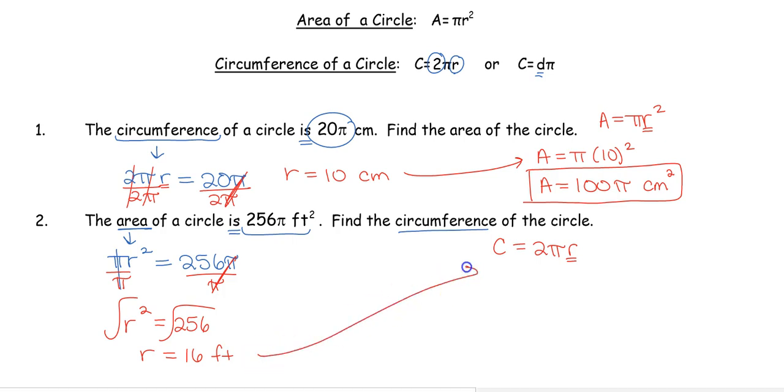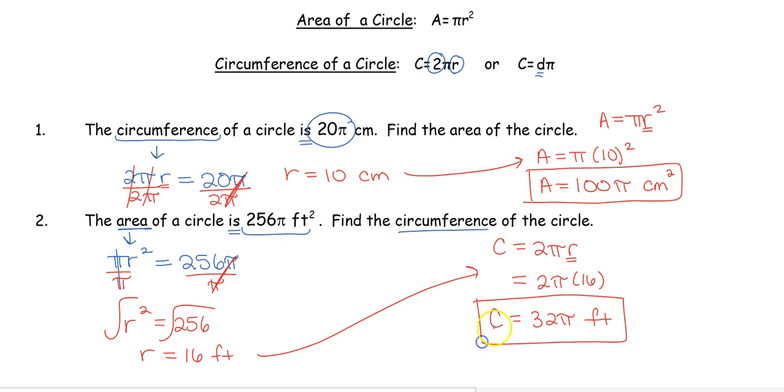So we can use that to come back over here. 2 times pi times our radius of 16. Our circumference is 32 pi feet. So we use the measurement that we were given in order to find the measurement that we need, both of them requiring that radius.